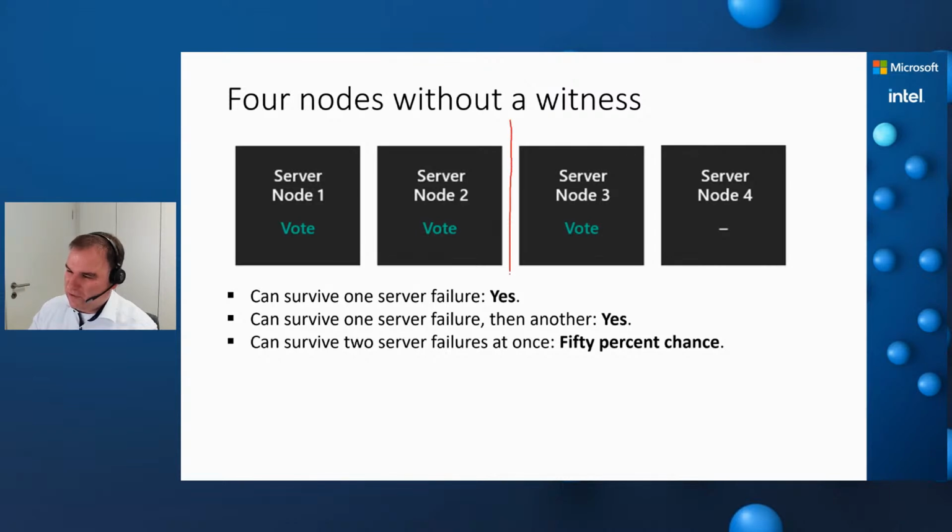We have the outage of 2 nodes at the same time. Then if this happens, node 1 and 2 will survive. They don't have 50%, they have the majority because the cluster decided to only provide 3 votes to ensure that we always can have a majority set.